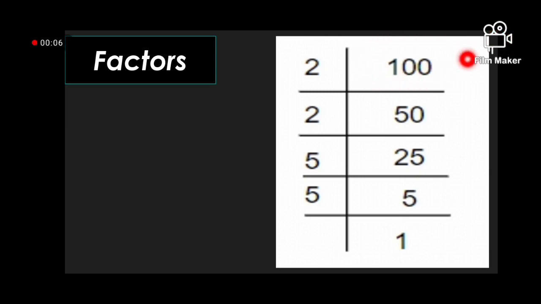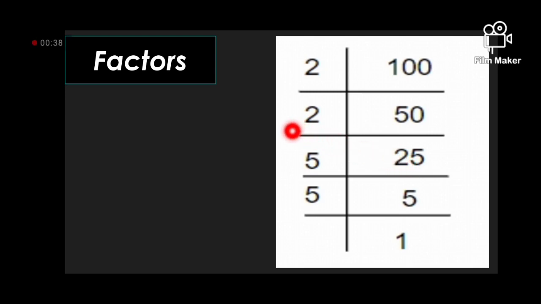100 is an even number and we are going to find the factors of 100 by the division method. First, we will take the smallest prime factor, that is 2. 2 50s are 100. 50 is also an even number, so we will again divide it by 2. 2 25s are 50. Now 25 is a composite number.